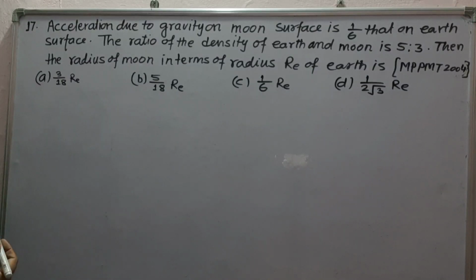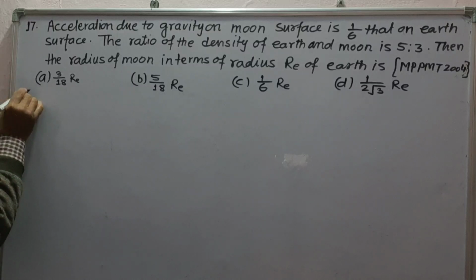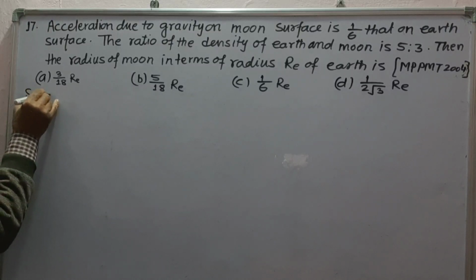Next question number 17. The question is, acceleration due to gravity on moon surface is 1 upon 6 to that on earth surface. The ratio of densities of earth and moon is 5:3. Then the radius of moon in terms of radius RE of earth is, these are the options. So solution to question 17.